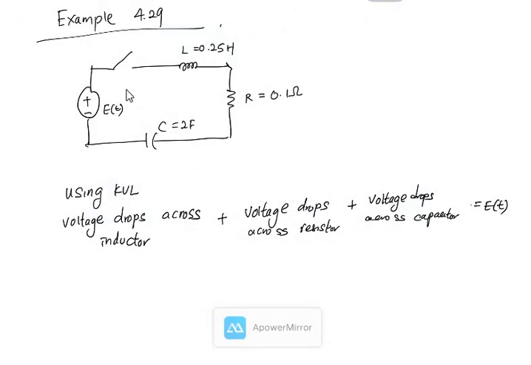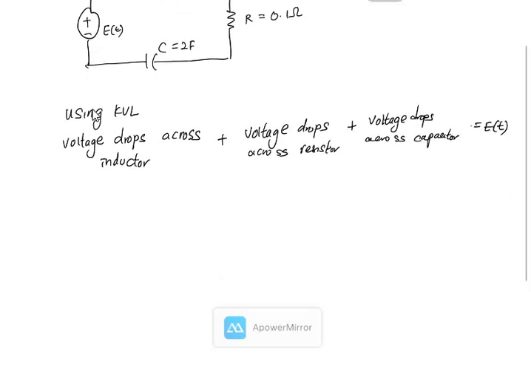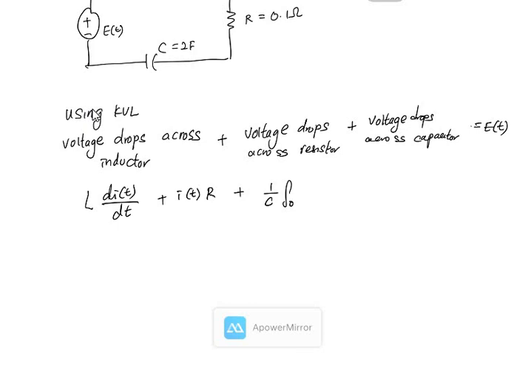In this question, using KVL, we find the voltage drop across the inductor, plus the voltage drop across the resistor, plus the voltage drop across the capacitor equal to e(t). So here, the voltage drop across the inductor is L di(t)/dt, plus the voltage drop across the resistor, i(t)R, plus the voltage drop across the capacitor, 1 over C times the integral from 0 to t of i(tau) d tau, equal to e(t).